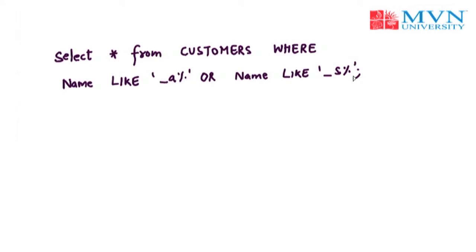This example will retrieve the records where the value held in the field name has the second character as A or S. The underscore indicates that only one character can precede the letter A or S, and the percentage indicates that any number of characters can follow.